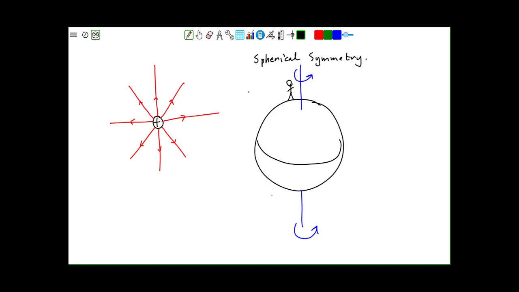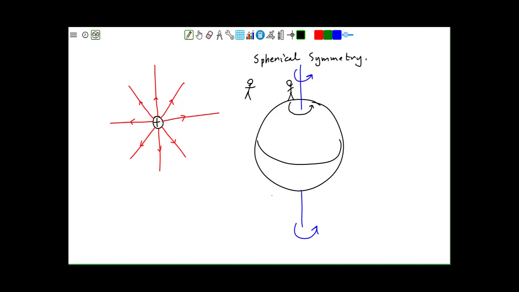If you're standing out here in space looking at the sphere rotate, the sphere is totally indistinguishable. Every part of the sphere is indistinguishable from every other part. The only way we even know that the sphere is rotating is because someone is standing here near the axis, rotating around it, probably getting really dizzy.